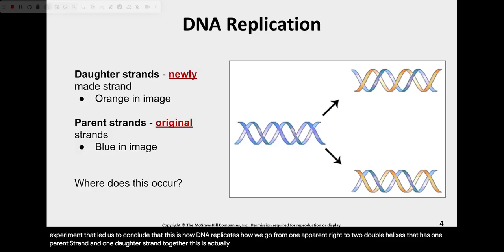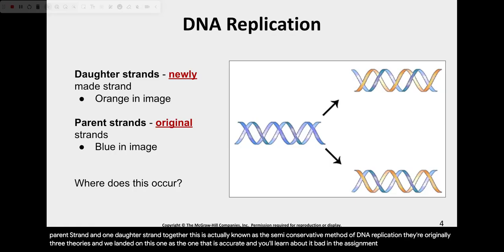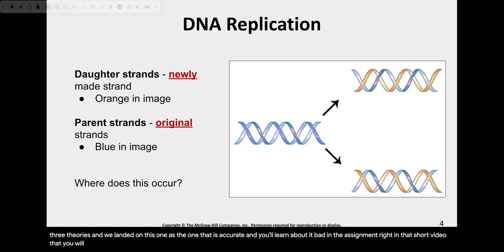This is known as the semi-conservative method of DNA replication. There were originally three theories, and we landed on this one as the accurate one. You'll learn about that experiment and the conclusion it led to in the short video you will watch.